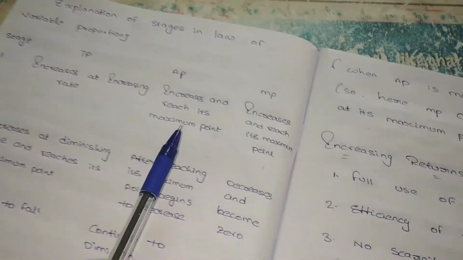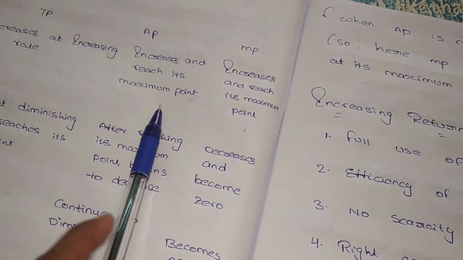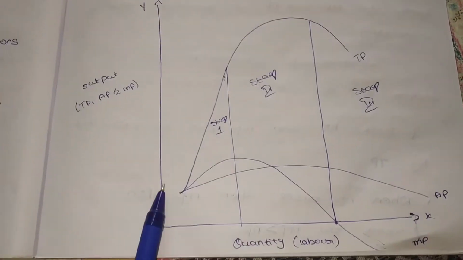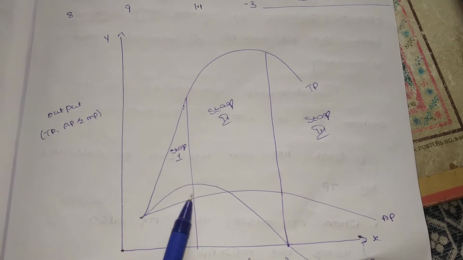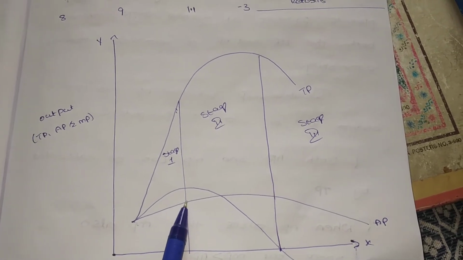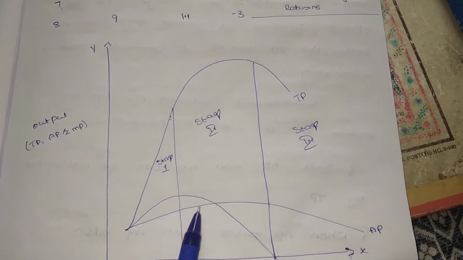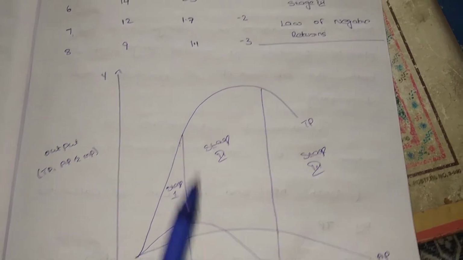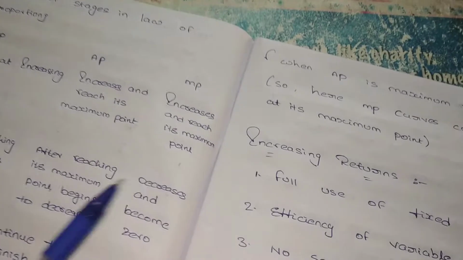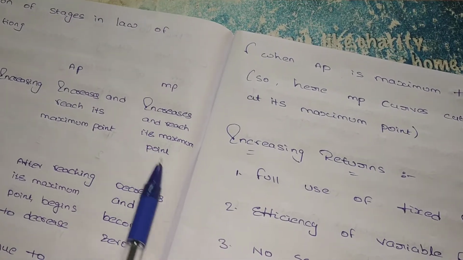And the average product increases and reaches its maximum point. This third curve is the average product. It increases and at the maximum there is no further increase, so it goes flatter, so it is the maximum point. In the first stage the AP becomes maximum. The MP also reaches its maximum point.